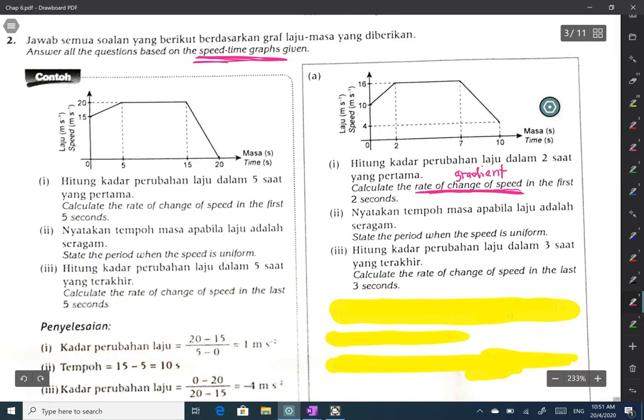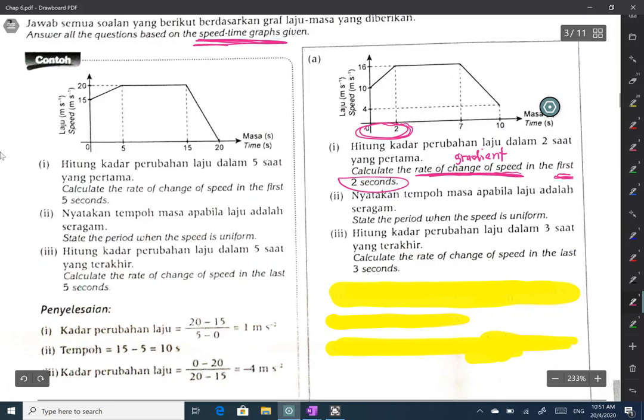Okay, in the first 2 seconds, 在最前面的2秒, so I want to find the gradient for the first 2 seconds. So this point and this point. Okay, 16 minus 10.